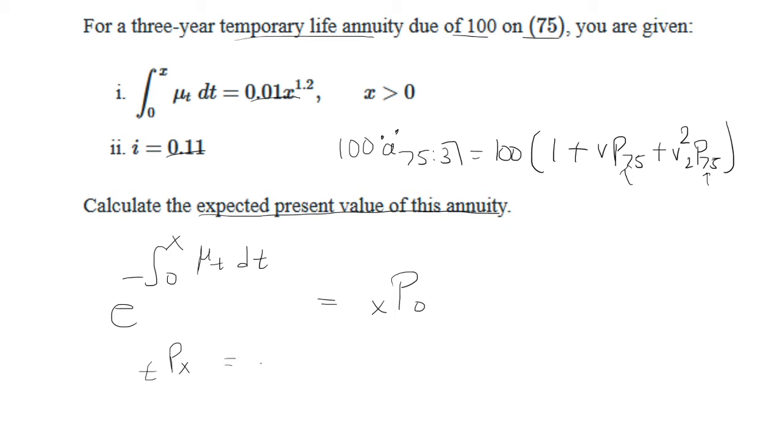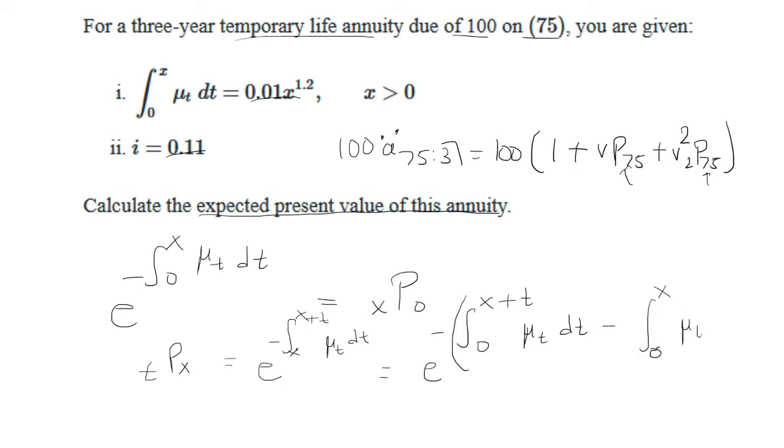Okay. So the way we're going to do this is we're going to go from e to the negative integral from x to x plus t of mu t dt, which is really the same thing as going from e to the negative integral from 0 to x plus t of mu t dt, and then we're going to subtract the integral from 0 to x of mu t dt.